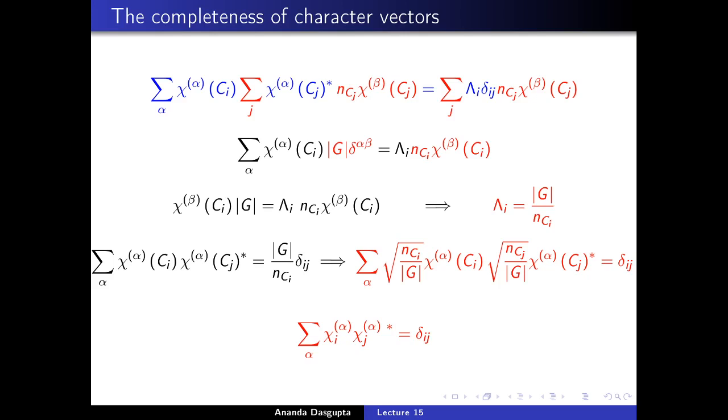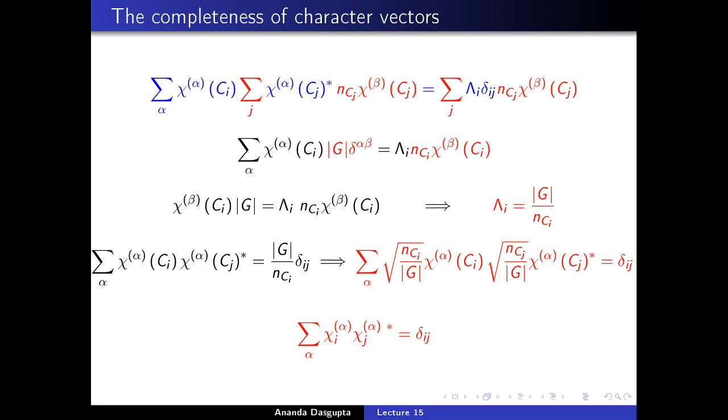And so what we have ended up with here is that if you sum up over all irreps, chi I alpha times chi j alpha star, you are going to get delta ij. Let me just remind you, a while ago I had established that this is exactly the condition you need the character vectors to obey in order that the character vectors form a complete set.